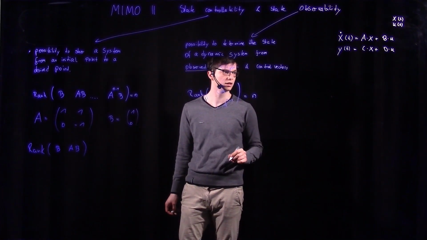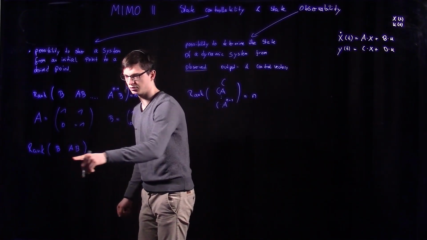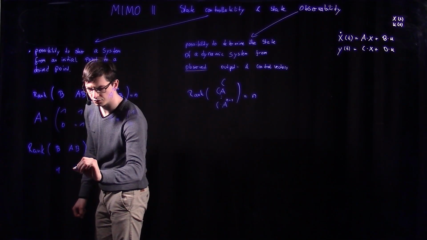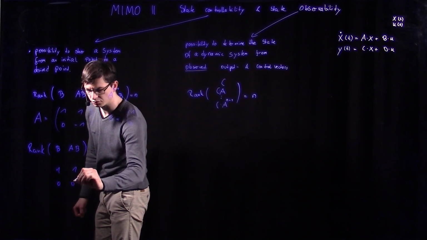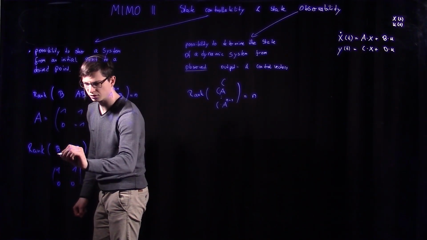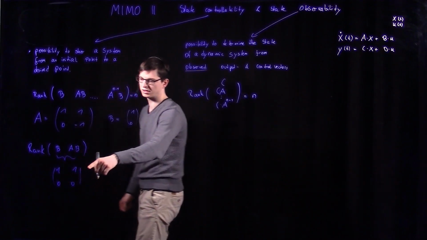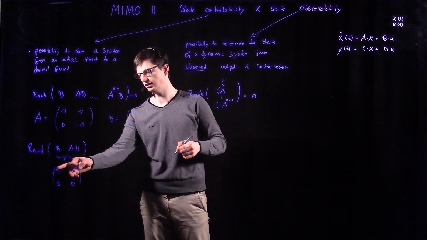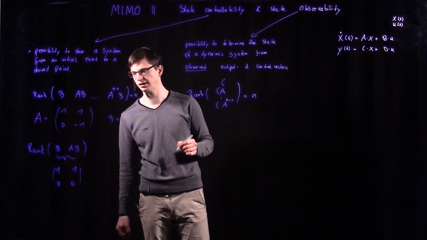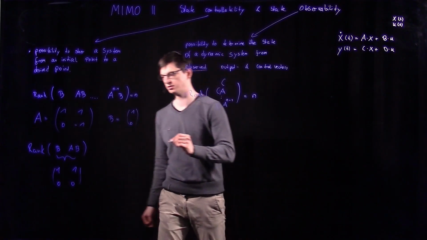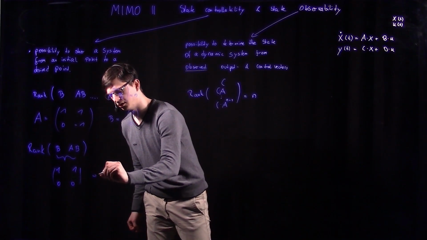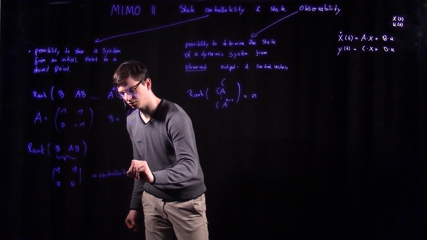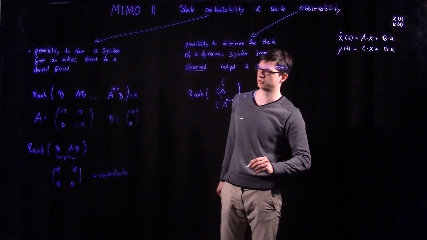This matrix would be 1, 1, 0, 0. The rank of such a matrix is clearly less than 2, so we have no full rank, and therefore we can say this system is not controllable.